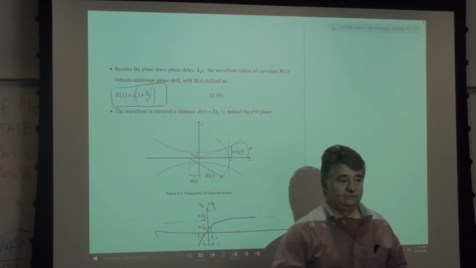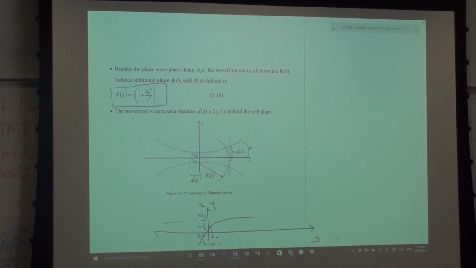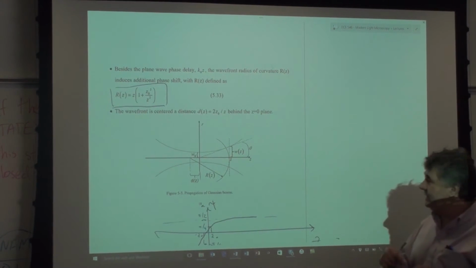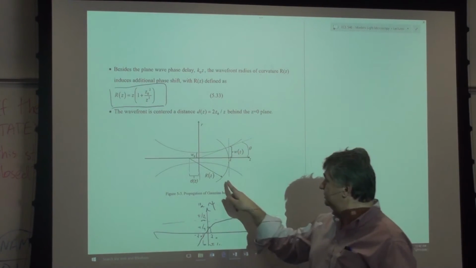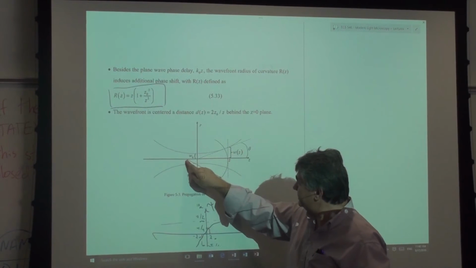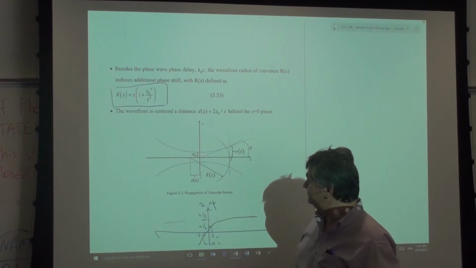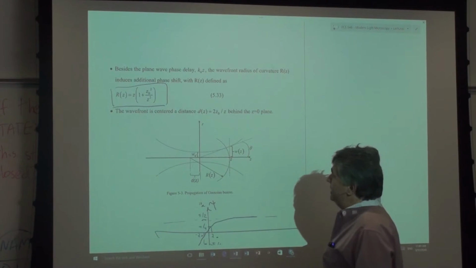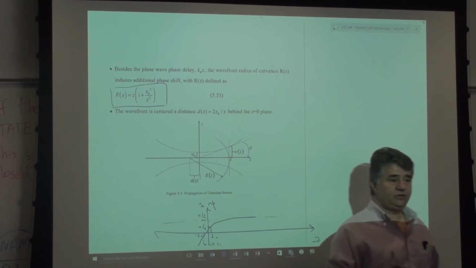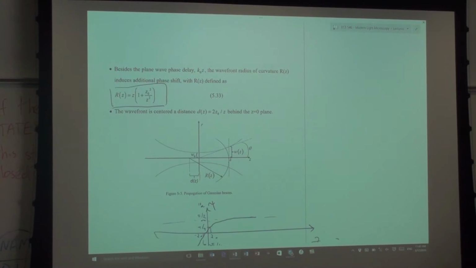It's actually offset, for the same reason that the Gouy phase shows up: my kz is not exactly k naught. This is actually offset a little bit, which is interesting. So if you have the curvature of the beam and the beam waist W, you characterize that Gaussian beam perfectly.